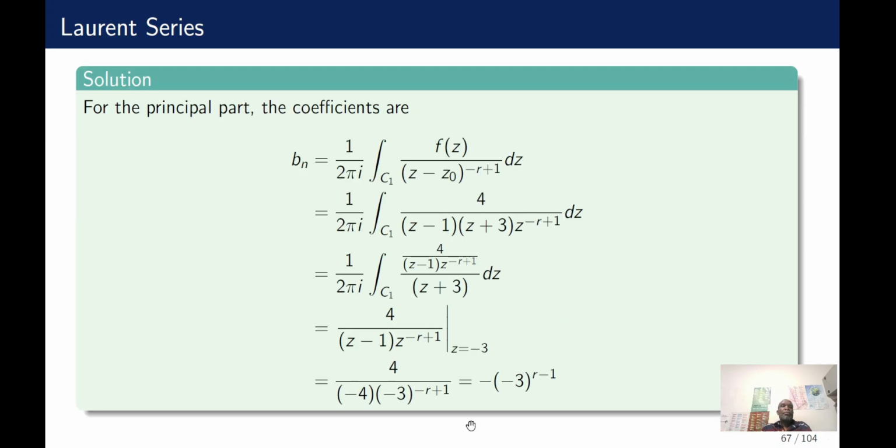So we go to what we call the principal part, the part where the coefficients are negative, the powers are negative. You get it this way. What is changing is that you now have a negative number there.